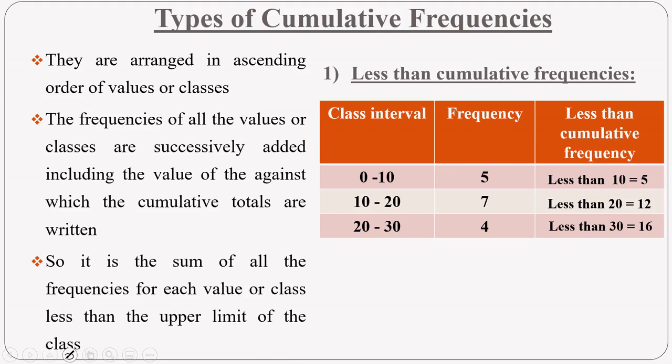We need to focus on the upper boundary and write those as less than. Then we need to take the first frequency. Then we need to add the corresponding values. So this is how we calculate less than cumulative frequencies.